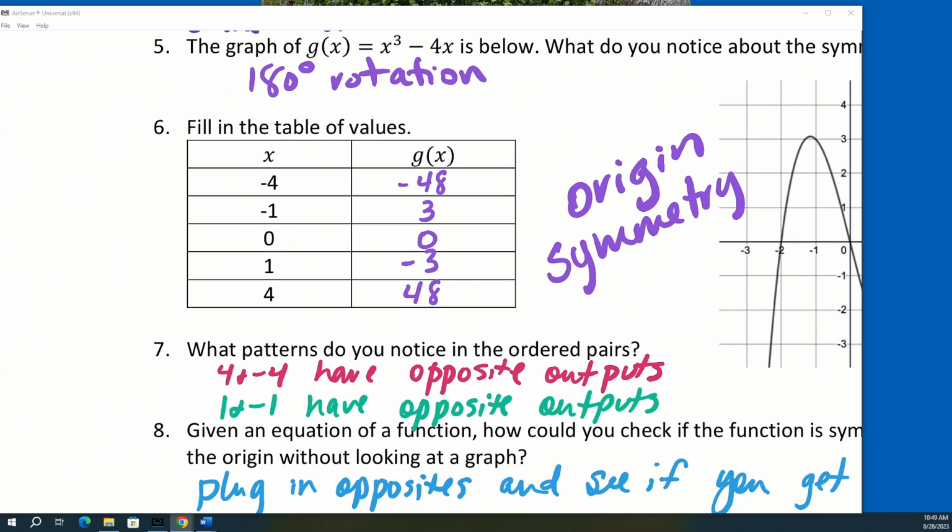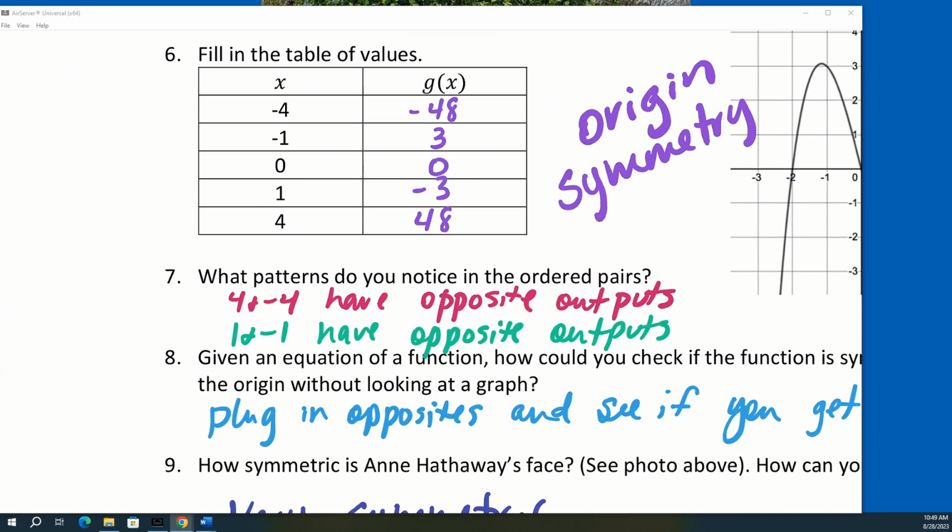So when you evaluate f of -x, or g, is this g? Let's fix that. G of -x, it doesn't equal g of x. What does it equal? Negative g of x. Very good.